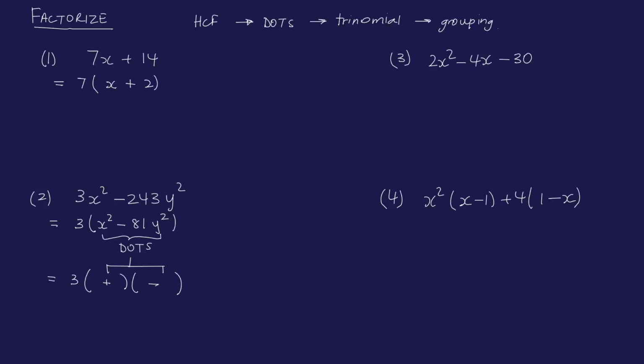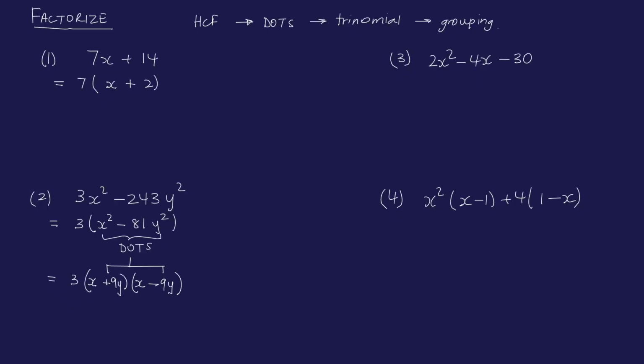The square root of x squared is x, so I'll put an x here and an x here. Then I will look at the 81y squared. The square root of 81 is 9, so there'll be a 9 here and a 9 here. And then y squared, I'll put a y here and a y here, because the square root of y squared is y.